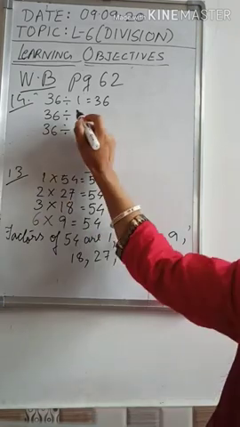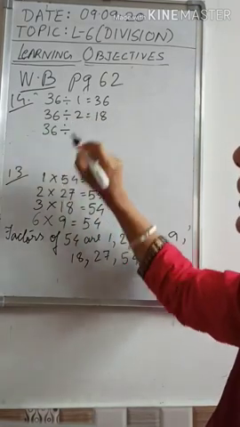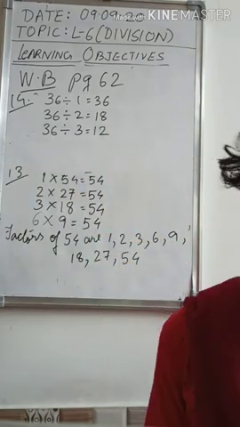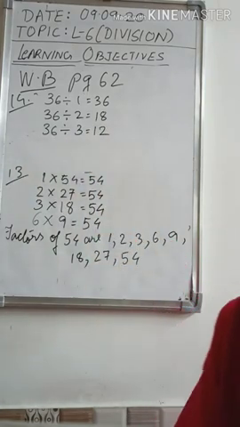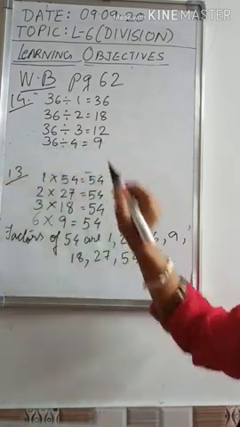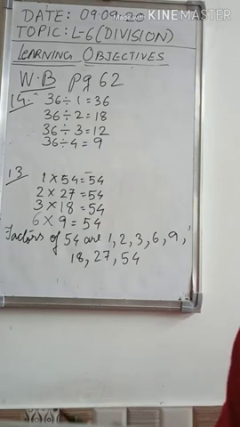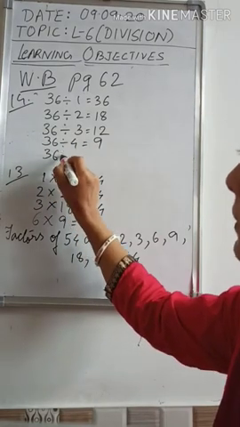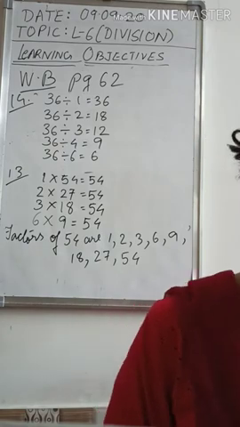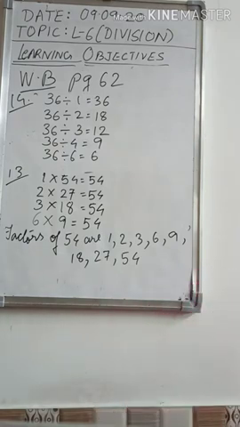With 2 also 36 can be divided, 2 18s are 36. With 3 also 36 can be divided, 3 12s are 36. With 4 also 36 can be divided, then with 6 also 36 can be divided. Then any more? Okay, we are done with it.